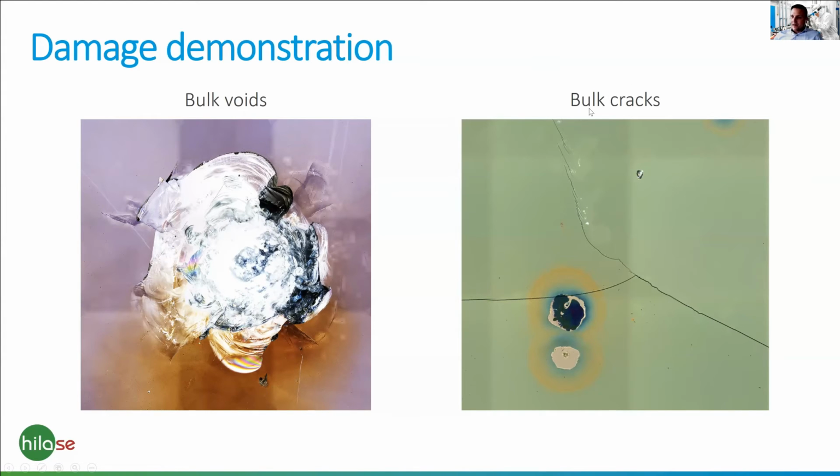If the event is not so dramatic, it won't eventually lead to the void, but it will demonstrate itself by a crack of the whole material, which is propagating through the bulk.